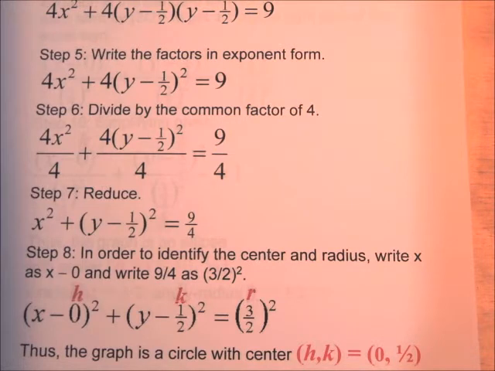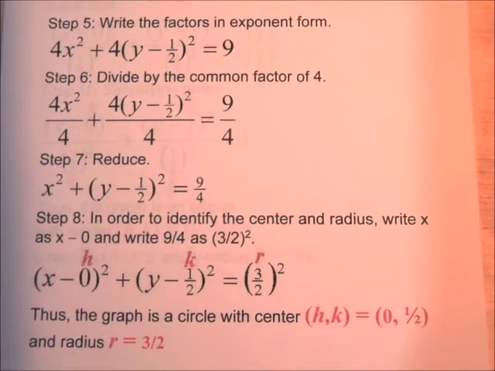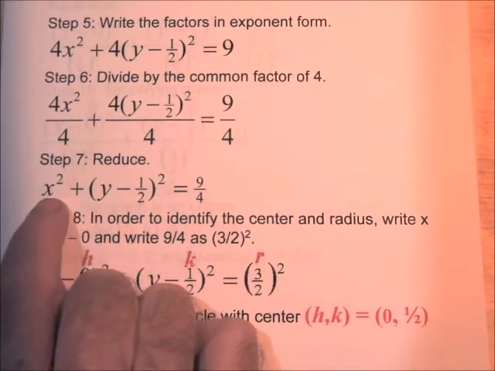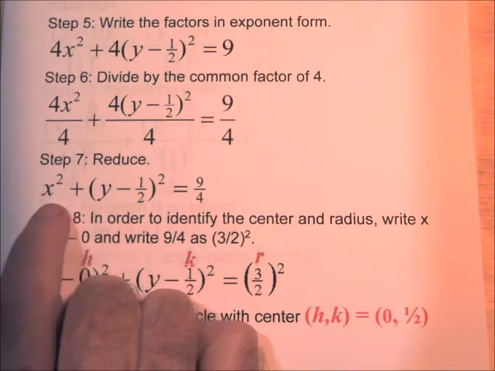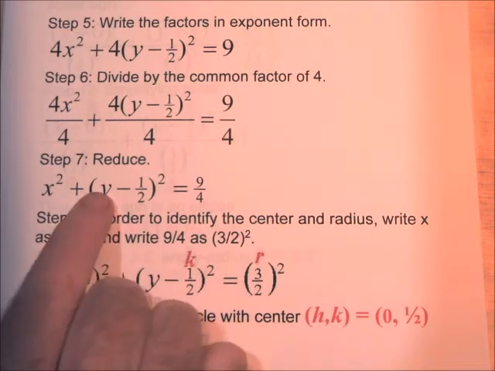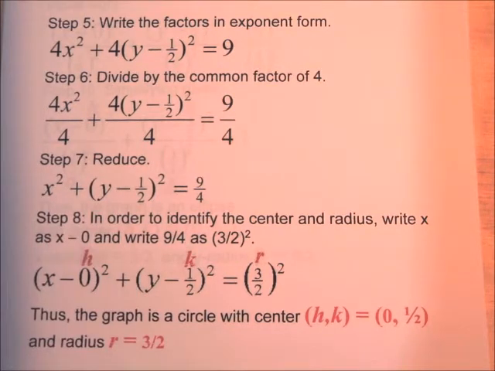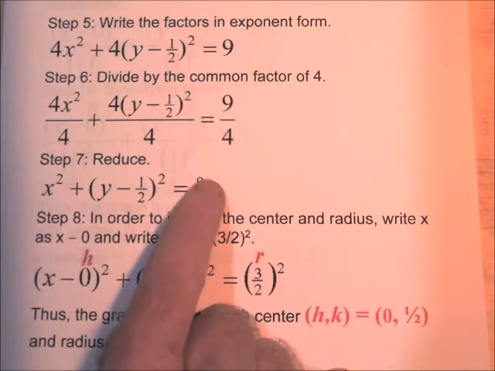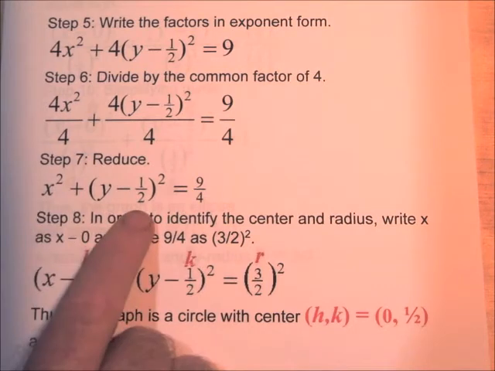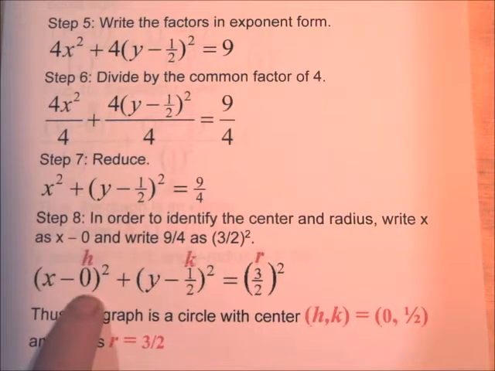It's not quite the standard form for an ellipse, but because x squared and y squared have the same coefficients, it's most likely going to be a circle, which is a special kind of ellipse. When x squared and y squared have the same coefficients, you don't really have to get this 1 on the other side. You can identify the features of the graph already.